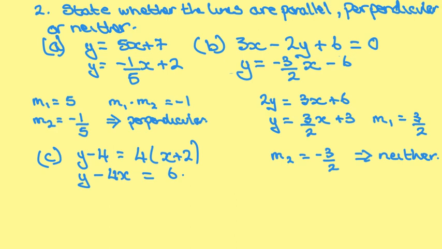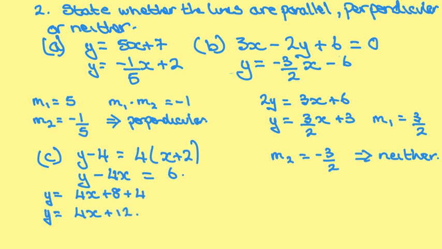And C, the first line, y minus 4 equals 4 brackets x plus 2. So if we expand that, we get y equals 4x plus 8 plus 4. Therefore, y equals 4x plus 12.